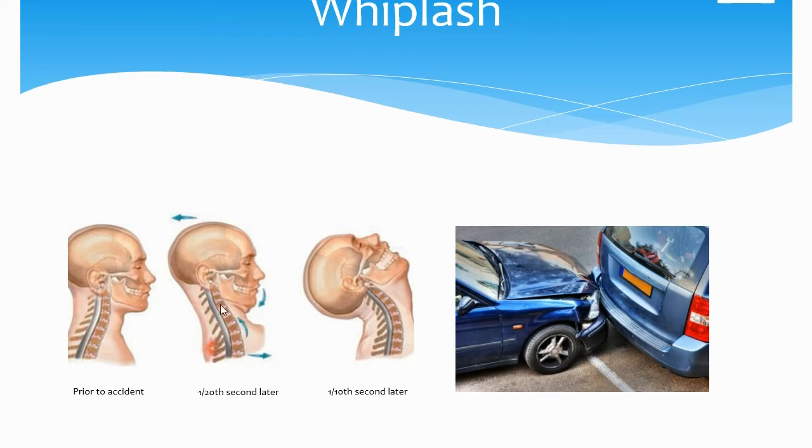Later, after a fraction of a second, the second part of the neck movement would be hyperextension. The neck is being bent backward, the head goes backward, and that causes damage, again, not only to the back of the neck spine due to the jamming of the space, but also hyperstretching of the soft tissue, as well as the disc that is between the vertebrae.